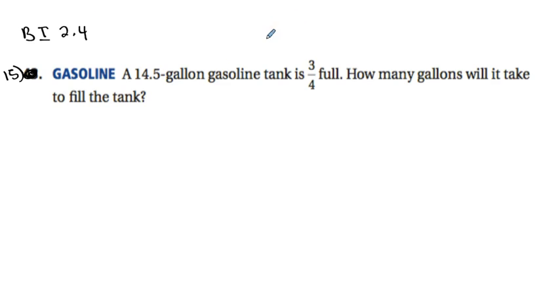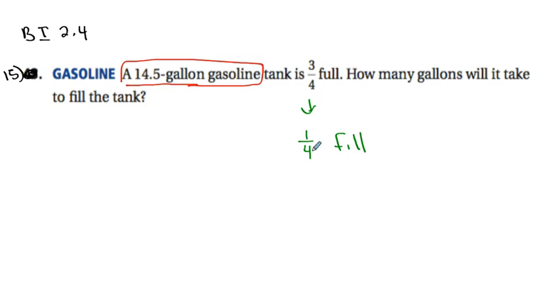All right, I got one more here. A 14.5 gallon tank is three quarters full. How many gallons will it take to fill the tank? So the gas tank is a 14.5 gallon gas tank. That's the total gas tank. It's 3/4 full, so I need another 1/4 to fill it completely.